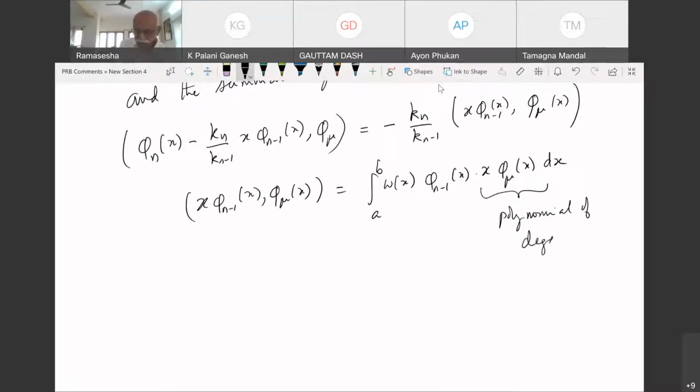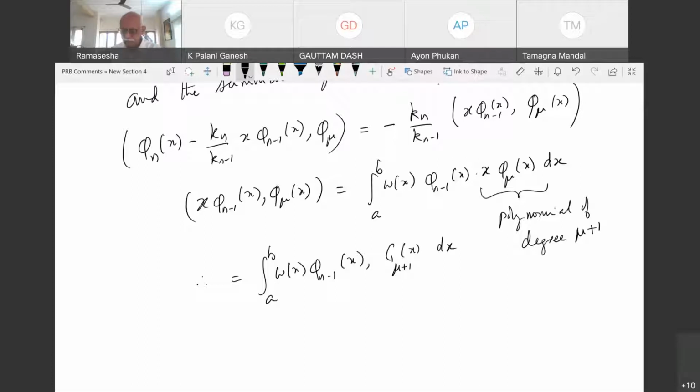Therefore, this will be the integral from a to b of w(x) p_{n-1}(x) times some polynomial g(x), which has degree mu plus 1, dx. Is it clear? So g_{mu+1}(x) is equal to x times p_mu(x).